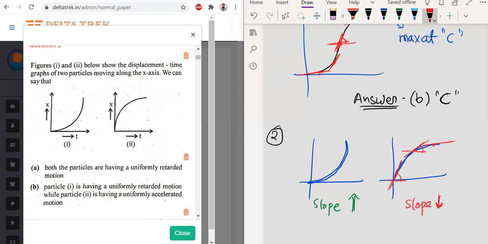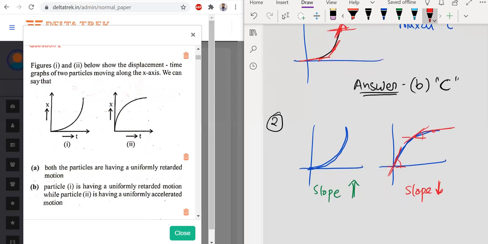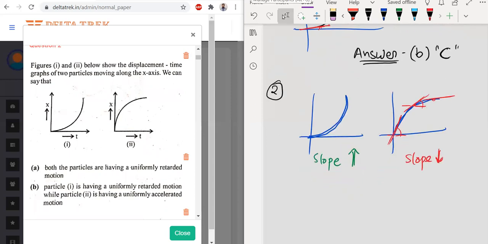Now, it asks about motion, whether it is accelerated or not. Slope is velocity. In the first case, velocity is increasing, but in the second case the slope, which is velocity, is decreasing.